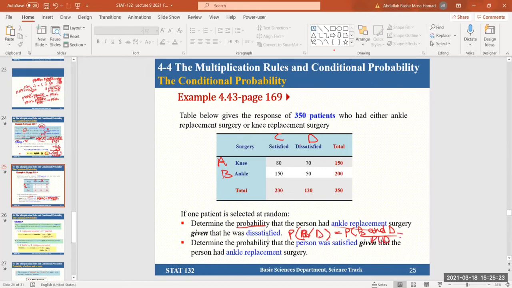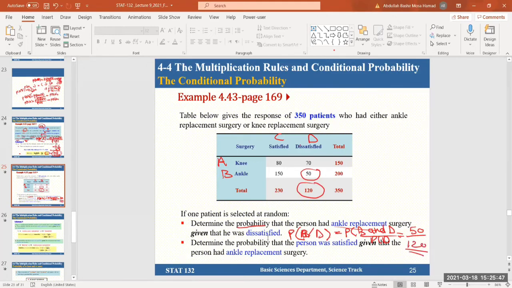P of B and D equals 50, over P of D. D is 150, 120.